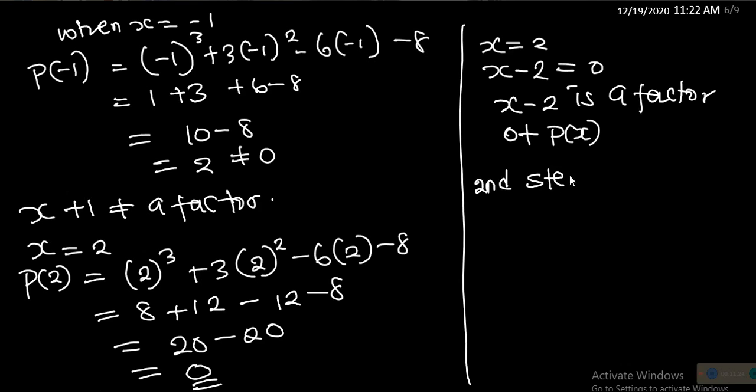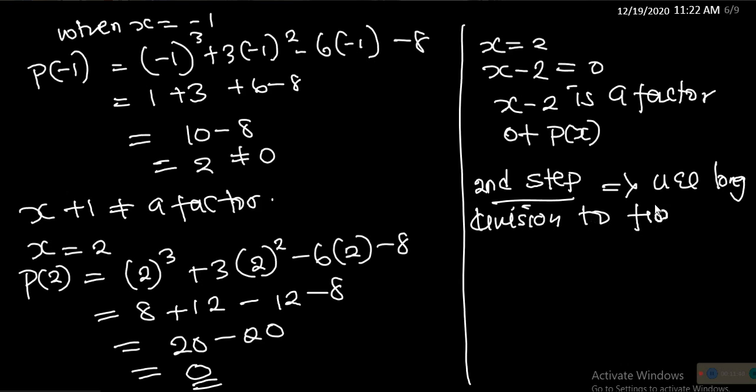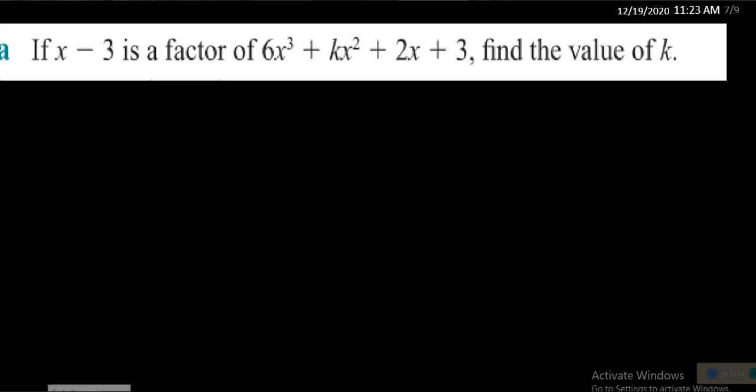Now the second step is to use the long division to find the remaining factors. You can continue using this trial and error method if you want, but to make it shorter, since we are getting one factor, you use the division algorithm to find the other factor to make your work faster.